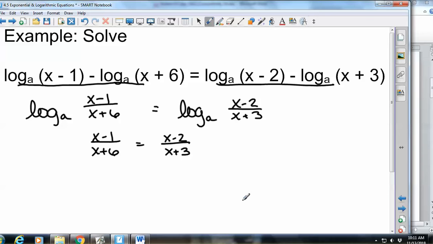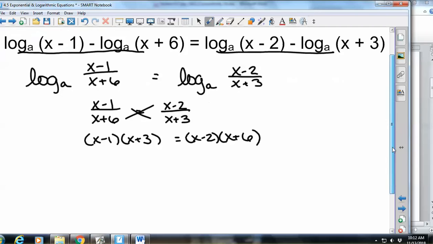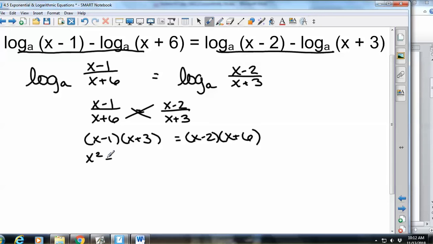Now what? Let's just cross multiply. So we're going to have (x minus 1) times (x plus 3) equals (x minus 2) times (x plus 6). So if we FOIL that out, now what?